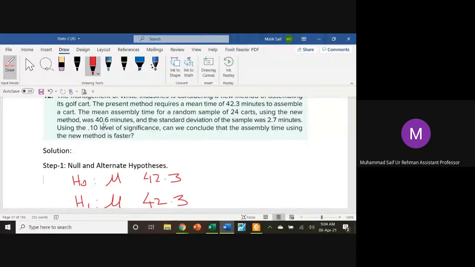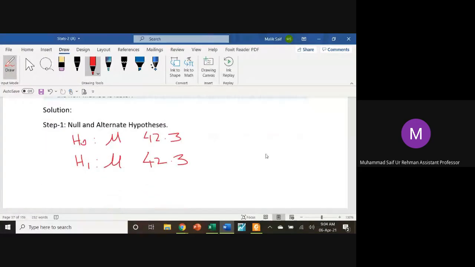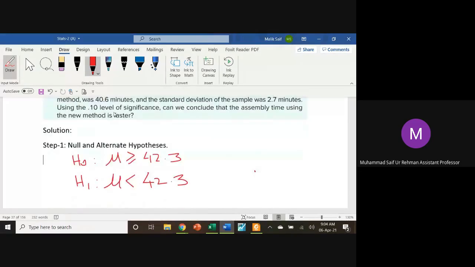So 40.6 is less than 42.3. Therefore, this less than sign you will put over here. In the null hypothesis, the remaining two signs will be there, greater than or equal to. So we have found this information from this statement.